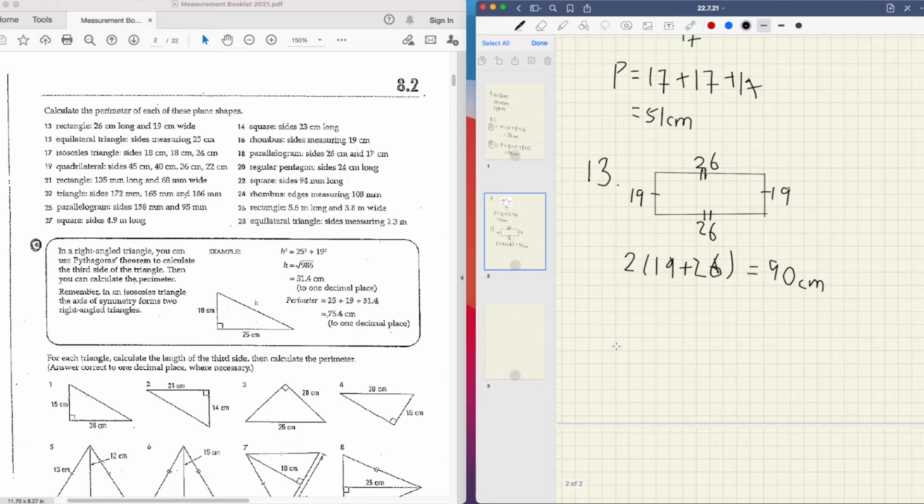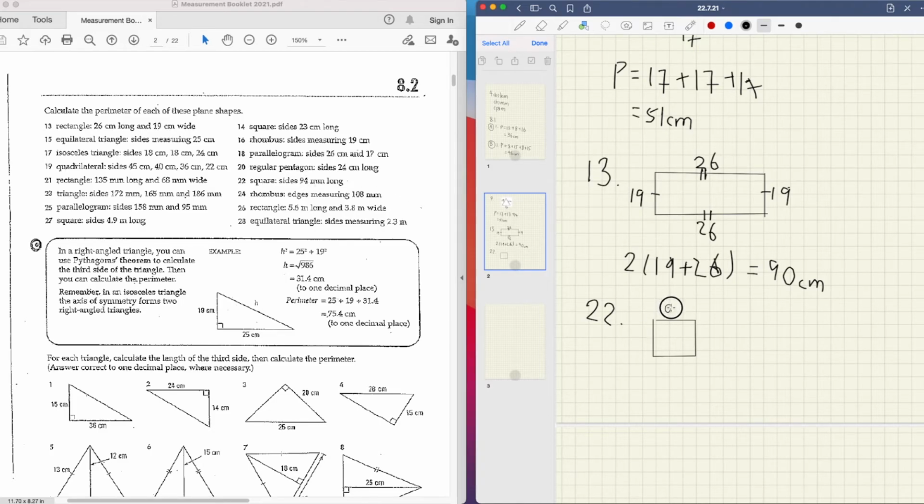Alright, let's go through some more examples. Let's have a look at question 22, okay? Now 22 is actually a square, so let's just draw a square first of all. So we can do this. And it says the side length is 94 millimeters, okay?